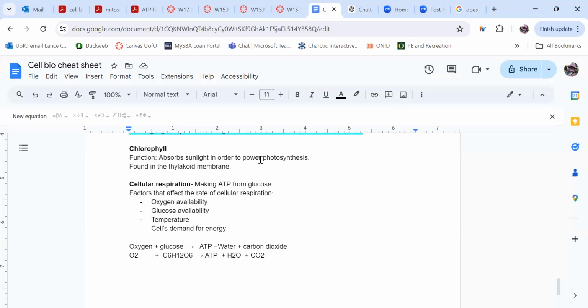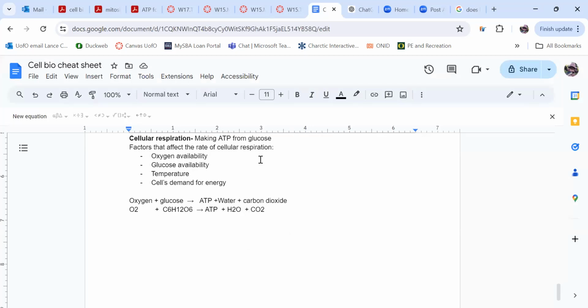So I guess we should probably write down the 4 steps of cellular respiration. If you don't already know this, you should definitely write it down. And right next to the electron transport chain, we'll say produces majority of ATP.